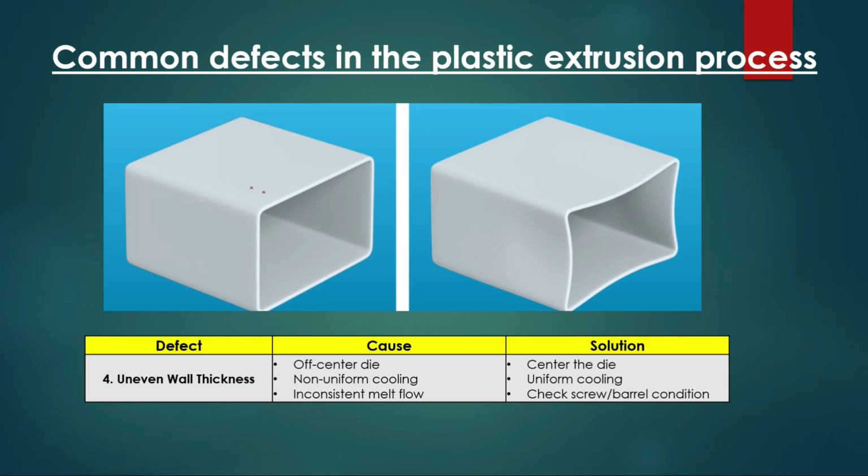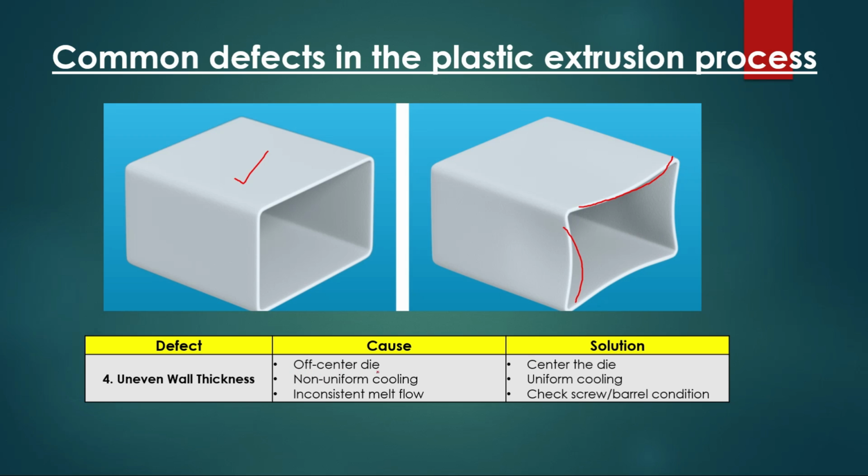Then we have the uneven wall thickness. You can see this one is the design component, and the final product will be something like that. The walls are bent inside. This is because of non-uniform cooling. So we need uniform cooling, and the die needs to be centered.